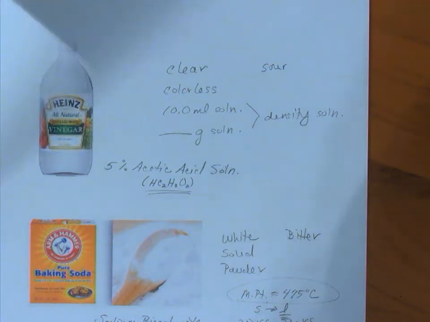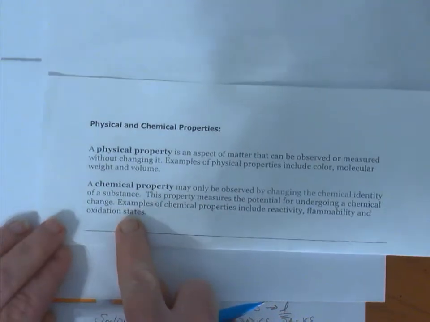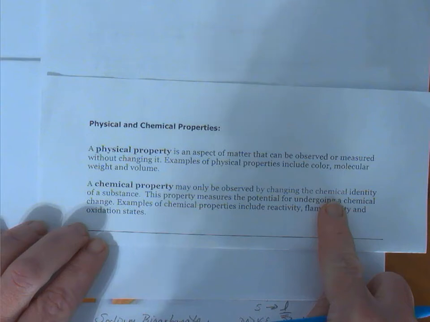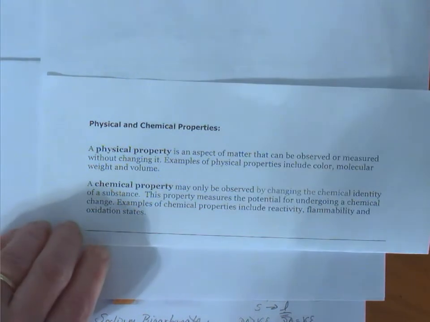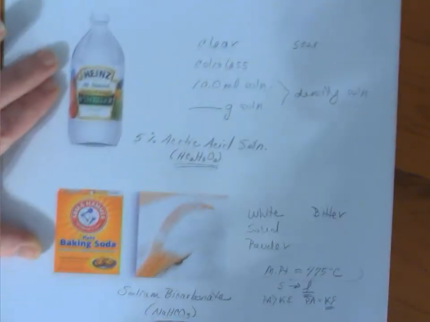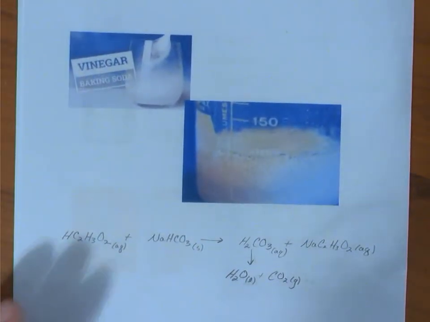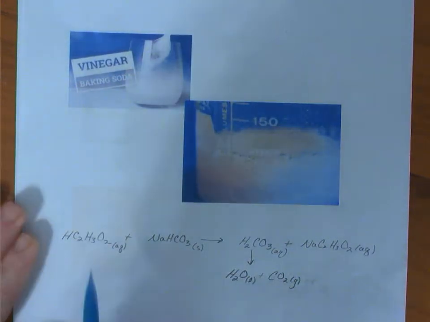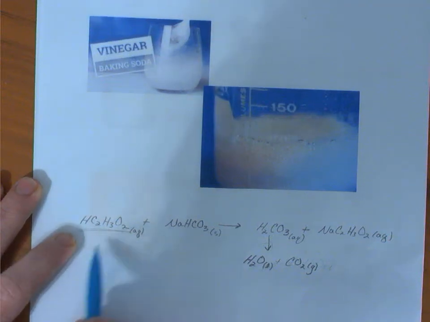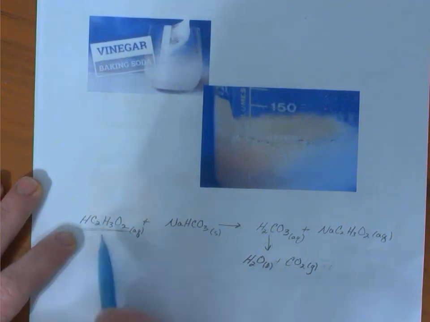So what is a chemical property? Well, a chemical property is only seen when you are changing the chemical identity. So what would be an example of that? Well, I'm using these two substances because I think most of us are familiar with the volcano reaction, where we take vinegar, in which the active ingredient in this reaction is the acetic acid, and we add some baking soda to it, and we get an eruption out of our glass, our volcano, our beaker.